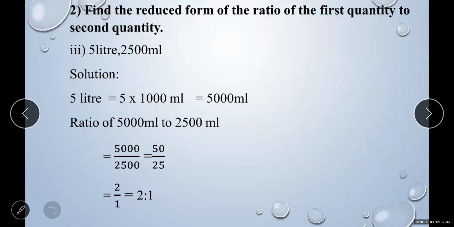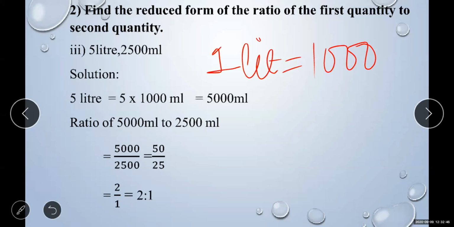We know that 1000 milliliter means 1 liter, so convert that liter into milliliter. How will you convert? 5 liter is equal to 5 into 1000 milliliter, because 1 liter is equal to 1000 milliliter. Now 5 liter converts into 5000 milliliter.